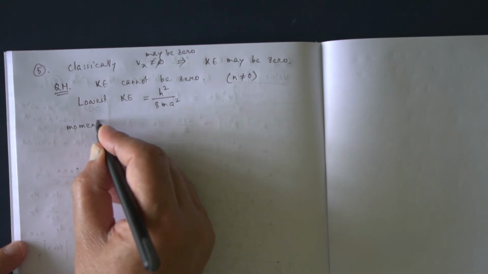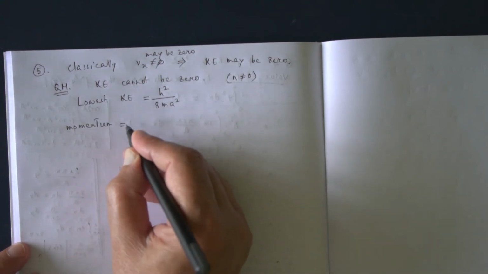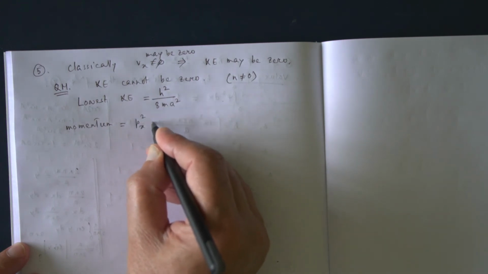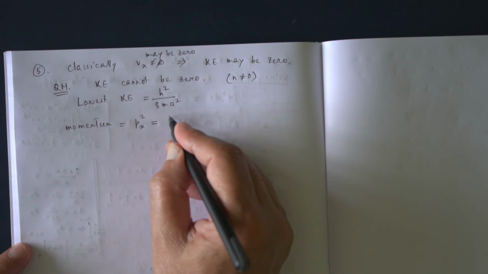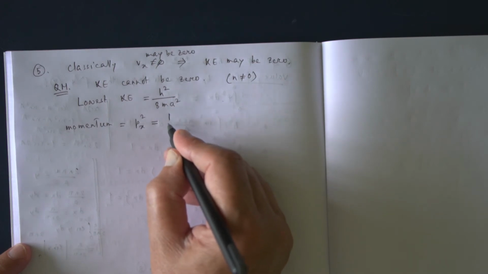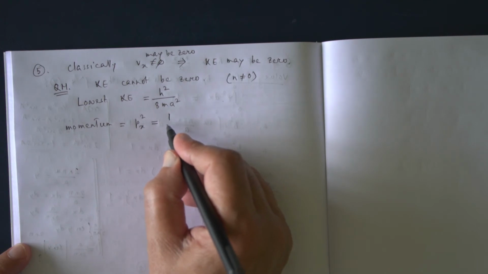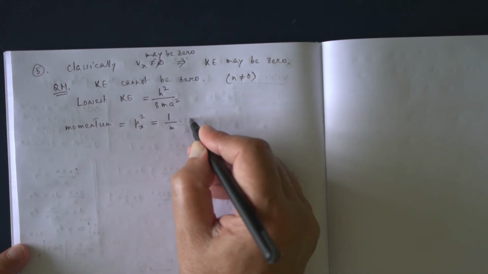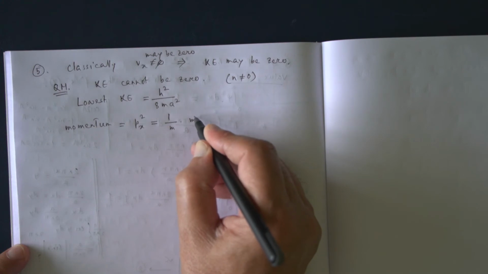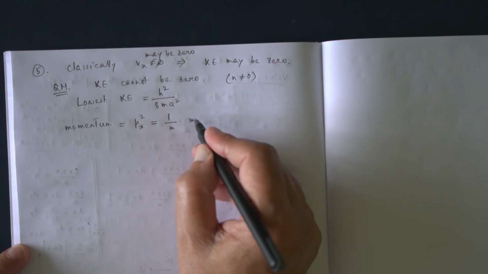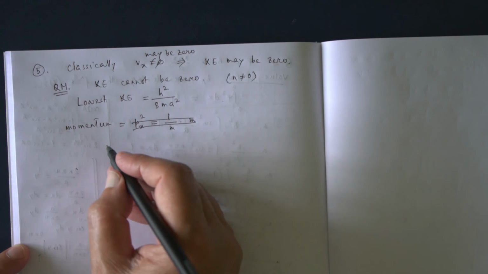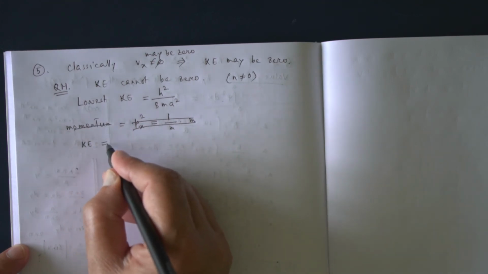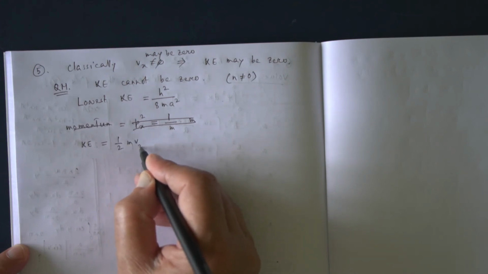Now you see momentum of the particle. Classically, kinetic energy equal to half m vx square.